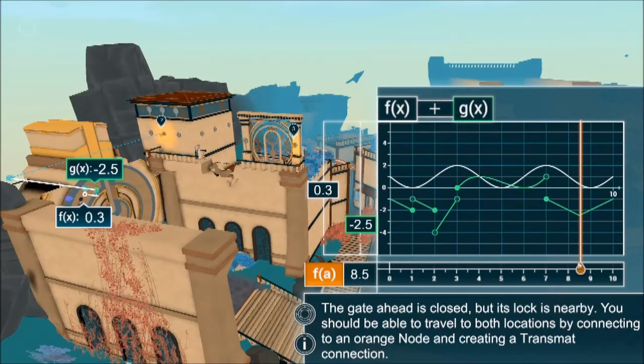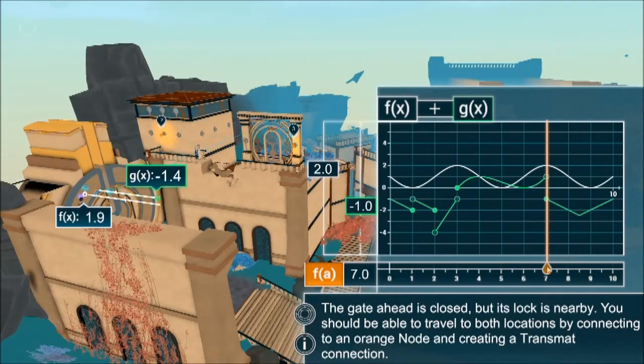So we're getting close to the light, but we're not. Wait a minute. So f of x is 0.3. So we want it to be -2. Huh. So there it's 2, which is incorrect, because we need it to be -2.